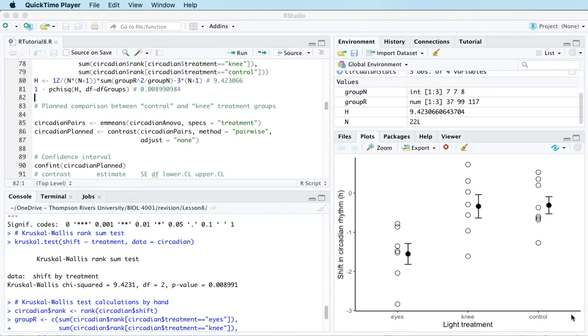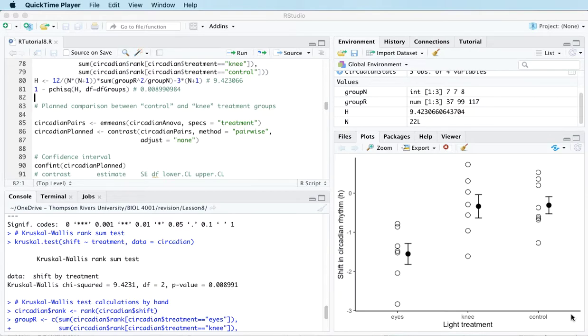And the reason we have to be careful is because every time we make a comparison between different levels, whether we're doing a test or calculating a confidence interval, there is some underlying uncertainty in the result that we get because of sampling variation.